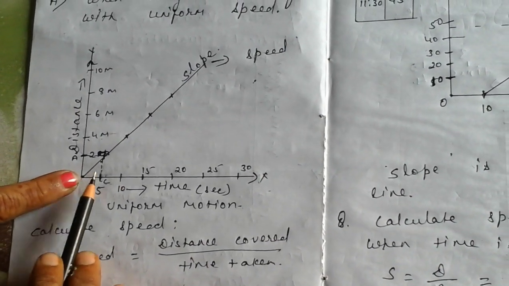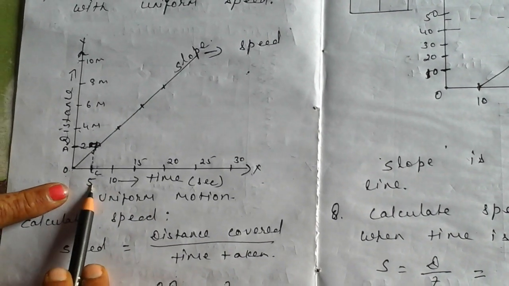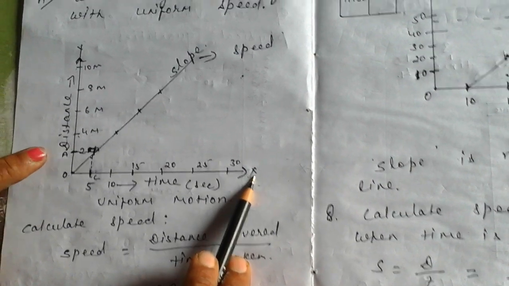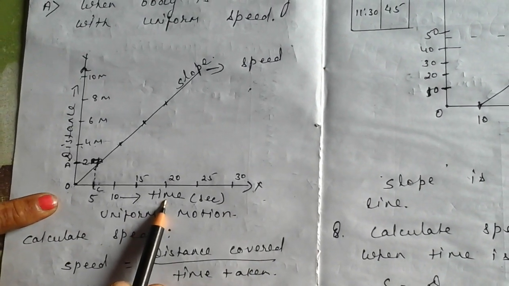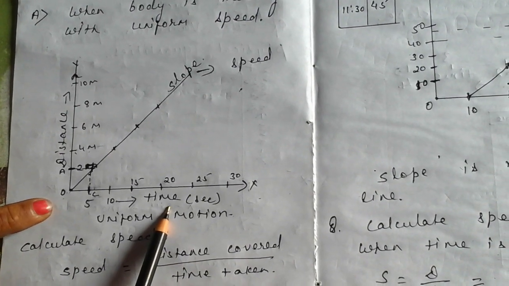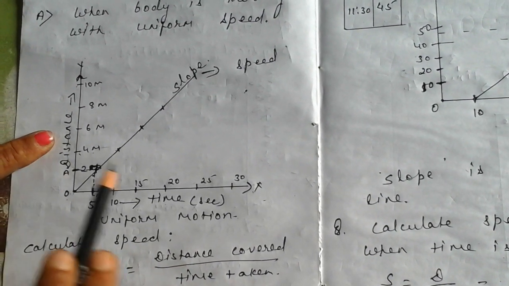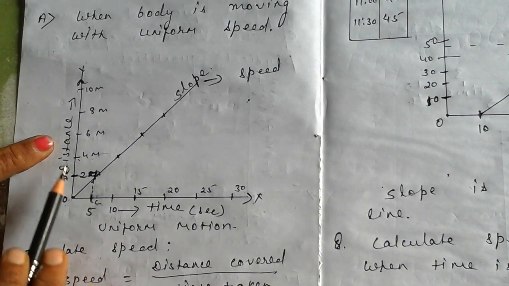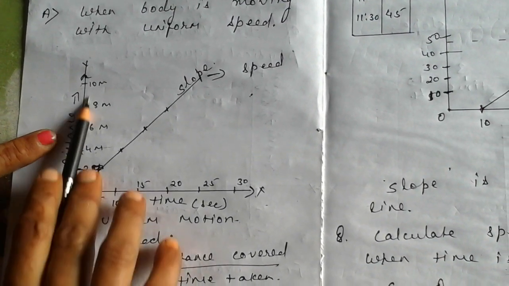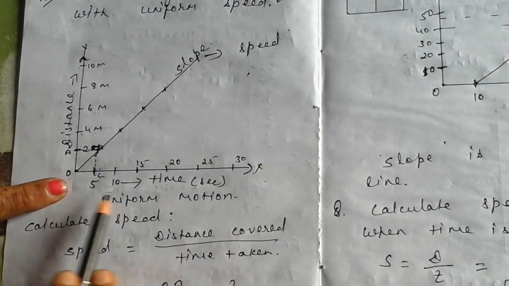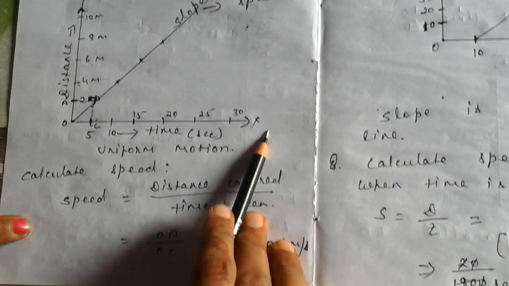On the x-axis, you see, I have taken the time 5 seconds, 10, 15, 20, 25, 30 seconds, because time is independent. Time does not depend on anyone. Distance depends on time, so distance is dependent. So it is chosen on the y-axis, and time is chosen on the x-axis.